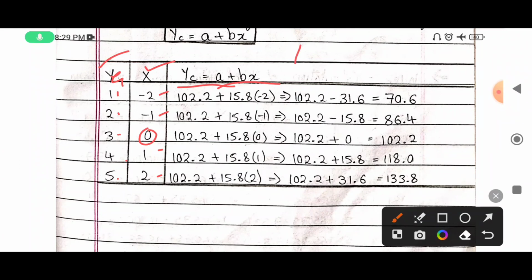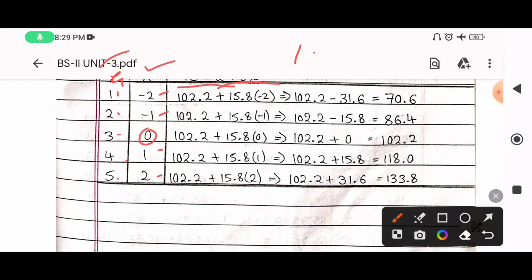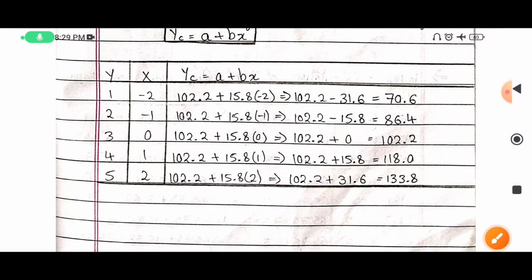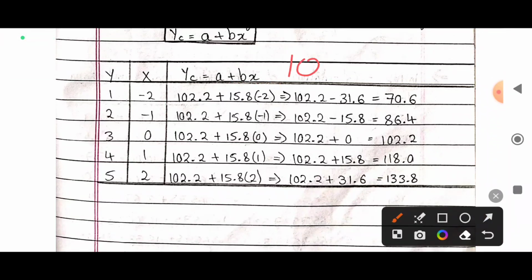So A is equal to 102.2 and B is equal to 15.8. Take those values: A 102.2 plus B x, B is 15.8.